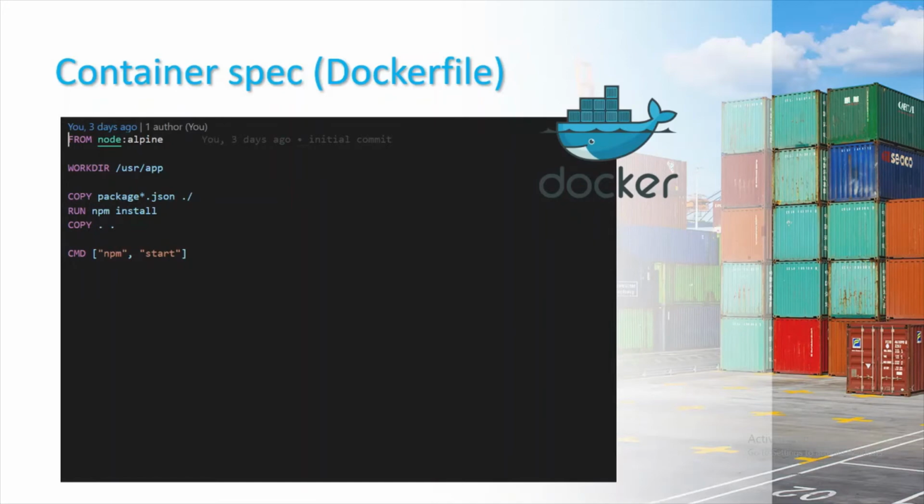Then I copy the package.json file from my local machine into the container. So I have /usr/app, and inside it the package.json file. Next, npm install reads the packages that I have in the package.json file and pulls the dependencies my app needs, and everything is now up and ready.